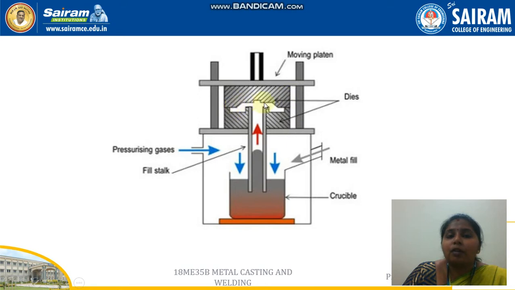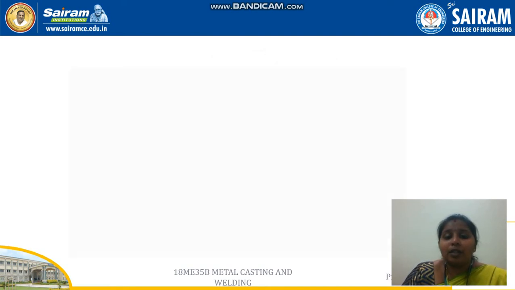This comprises the shape of the component to be produced, and along with that there is a passage for the molten metal to reach. With the help of the pressure, the molten metal is injected into the die and the component is produced. The solidification takes place very quickly.